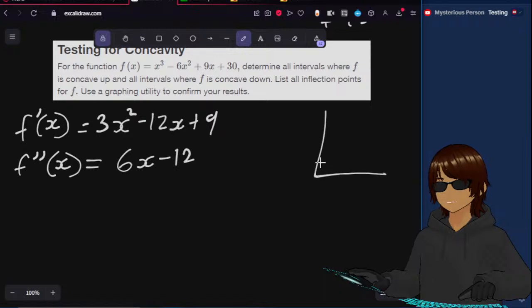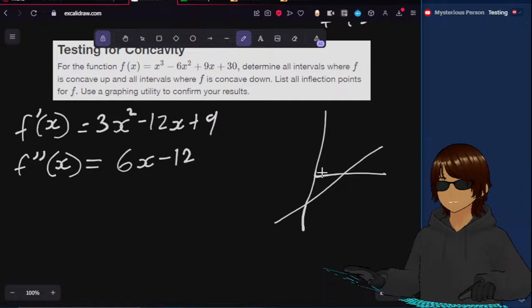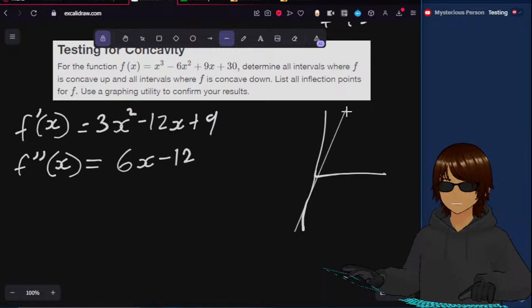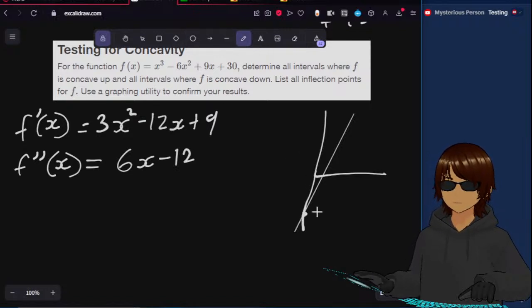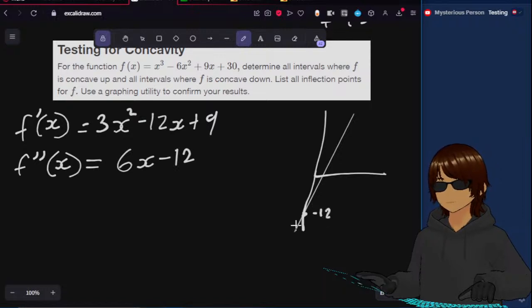So this is like a straight line, very steep. This is negative 12. So when is the double gradient 0?